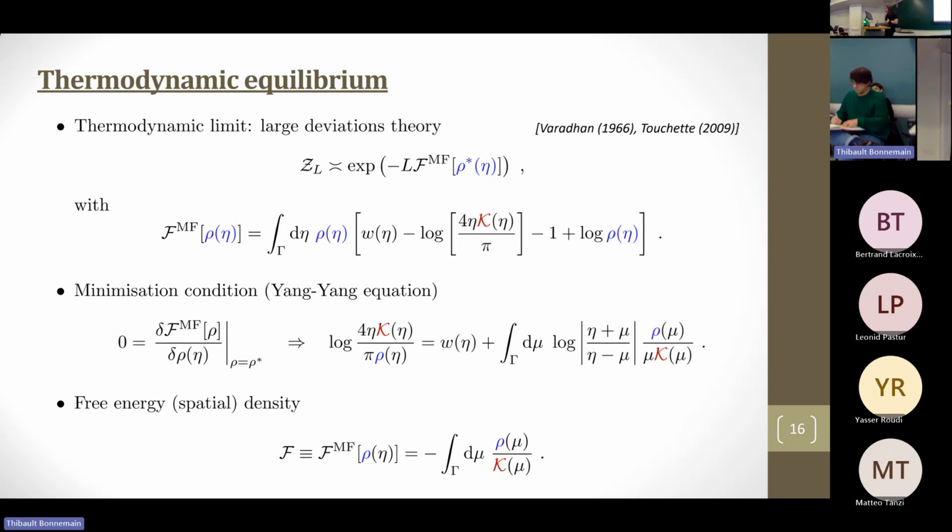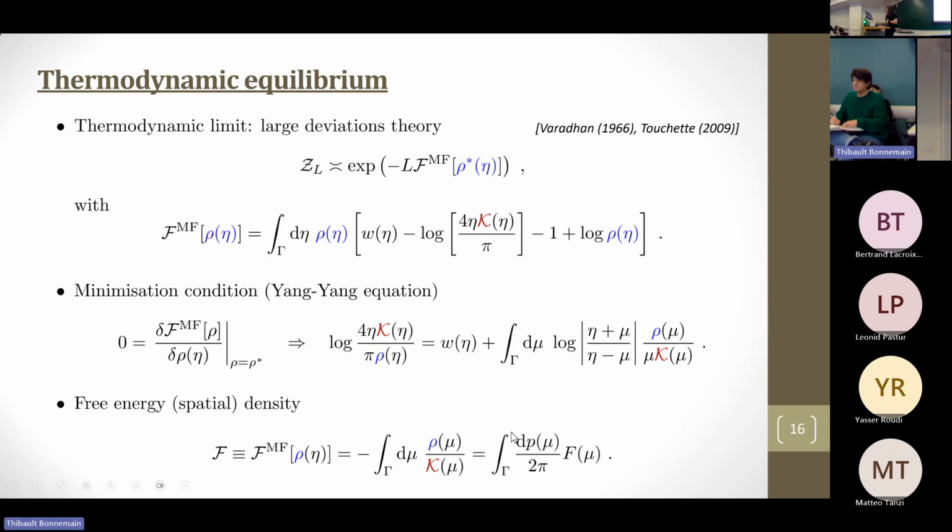Now, there's also an opportunity to introduce the free energy density in phase space, which is obtained not by integrating over eta this time, over the spectral parameter, but instead over the momentum of my quantum particles.